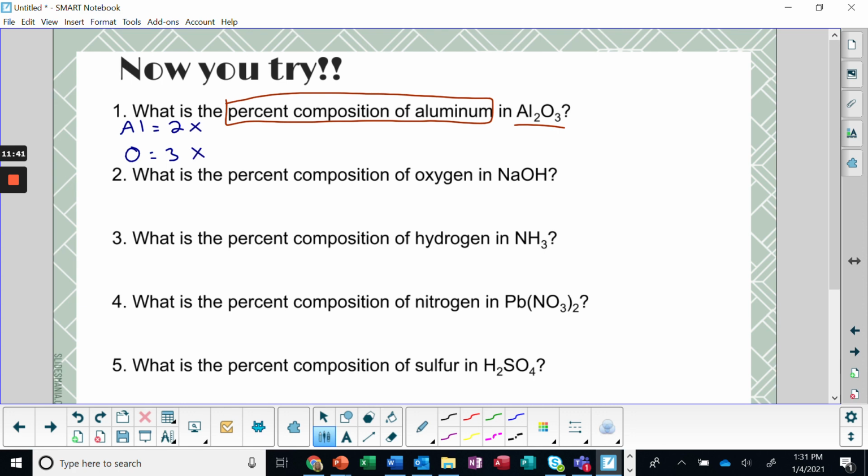I'm going to multiply those by the masses from the periodic table. I don't know why I put a times table there.